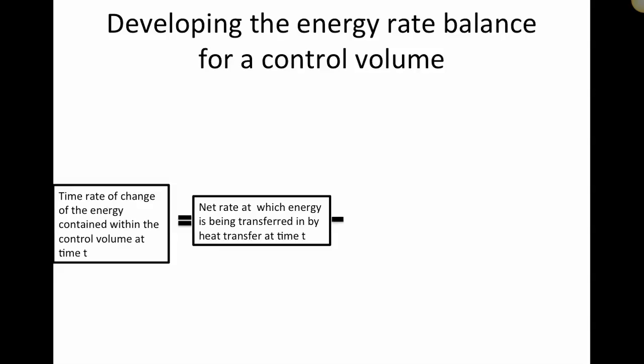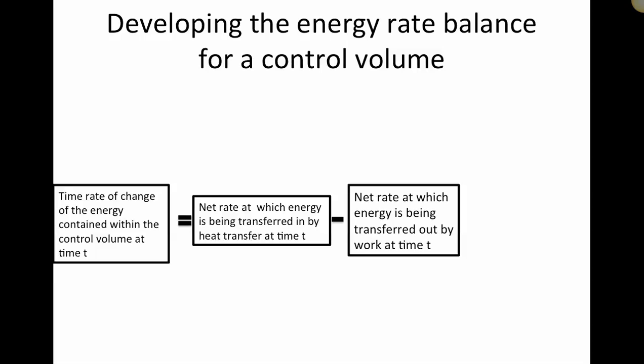The next term is the net rate at which energy is being transferred out of the system by work at time t. Work is a form of energy, so this is the term which represents the transfer of energy in the form of work from the system.